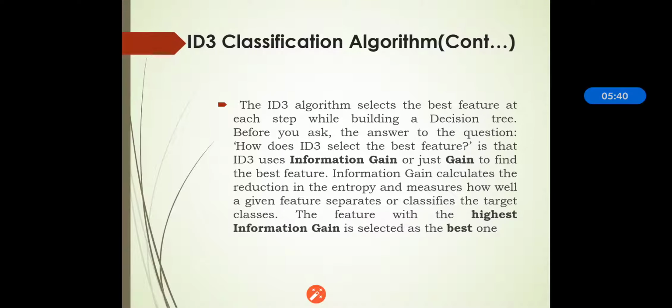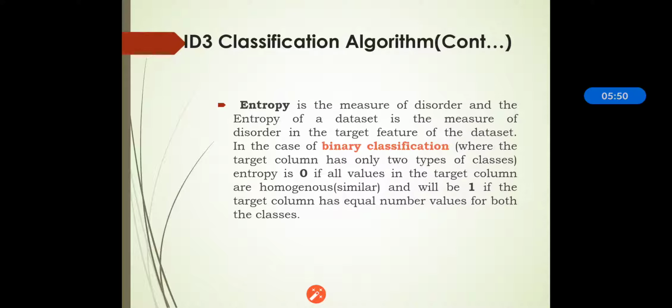Now we will see what entropy is, because information gain works by reducing the entropy. Entropy is the measure of disorder. Entropy of a dataset is the measure of disorder in the target feature of the dataset. In case of binary classification, where the target column has only two types of classes, entropy is 0 if all values in the target column are homogeneous.